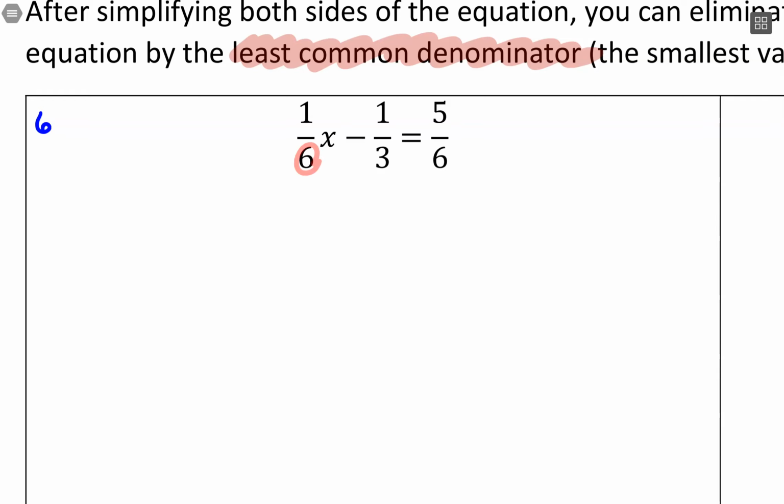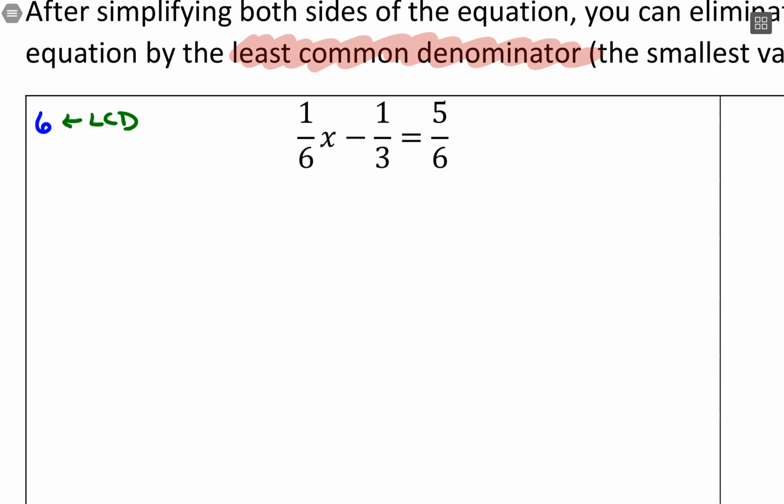Now, 6 and 6 are redundant, so we don't need to worry too much about that. But then what I'm looking for is a number that's divisible by 3. Well, 6 itself is divisible by 3, so that's just our least common denominator. I don't need to start listing out multiples because it already is a least common denominator.